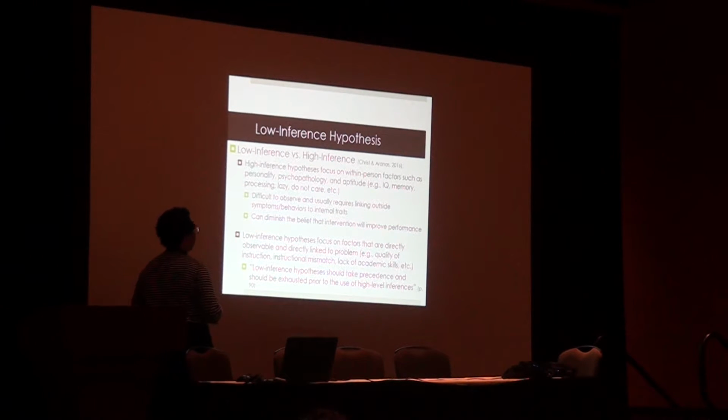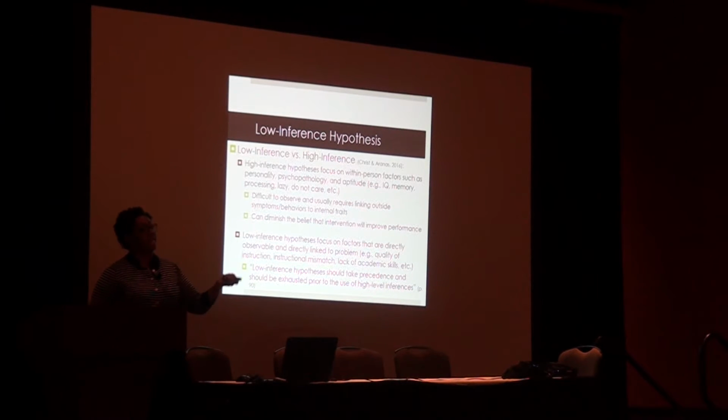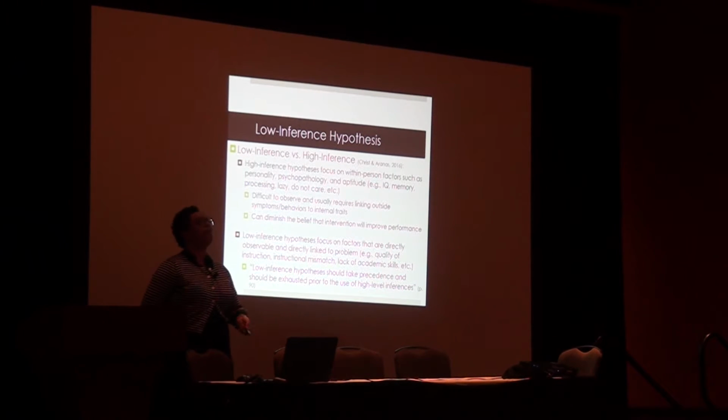A high inference hypothesis focuses on within person factors. Things we can't see, touch, feel, really have a hard time measuring. So that can be things like personality, IQ, aptitude. When a person says, oh, this person is lazy, they don't care, we're like, okay, how do you measure that? How do you know that?